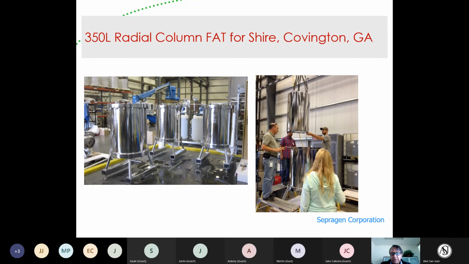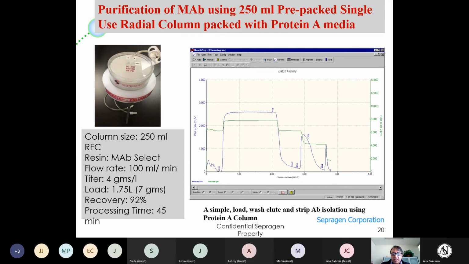And of course, we have full documentation support for these columns. Here's an FAT that the customer is conducting in our factory. Small columns, a 250 ml column, being used because these columns are so much faster, even on the lab scale, in PD, process development, or whether they're looking at optimizing cell lines and such.